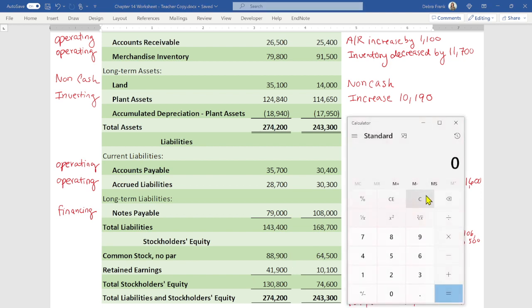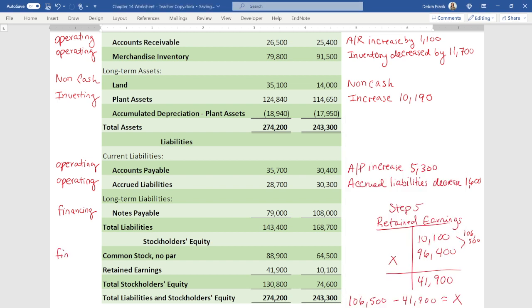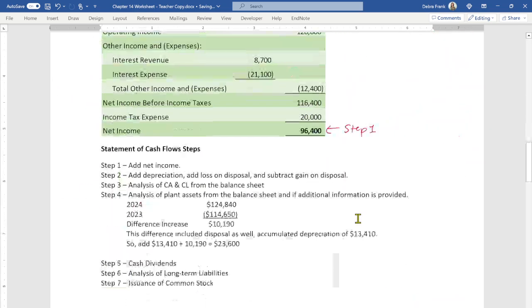So we know we issued more stock, and so we would have gotten some cash. So let's see, 88,900 minus 64,500, and so we would have gotten 24,400 additional cash for the issuing of stock. So we'll make this financing as well, and that was a cash receipt.